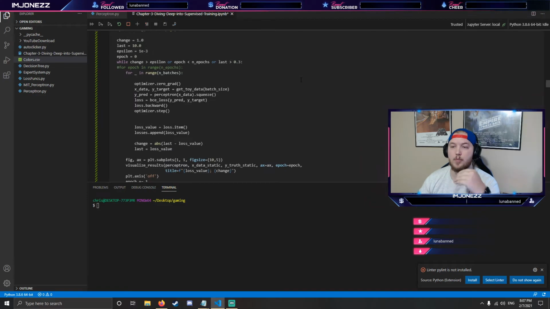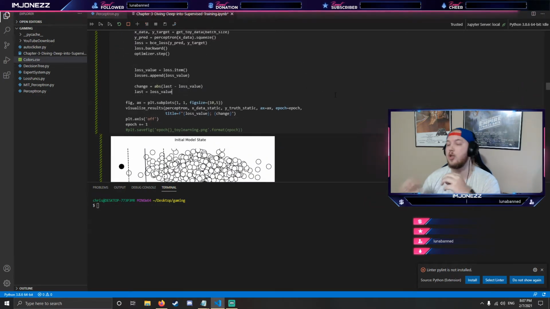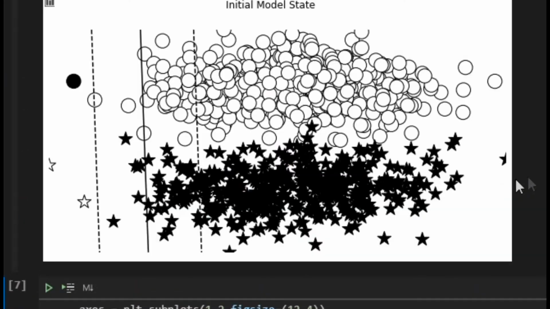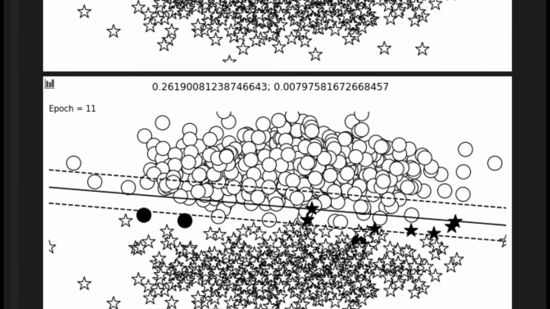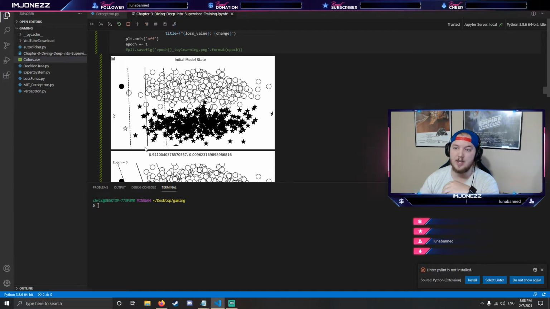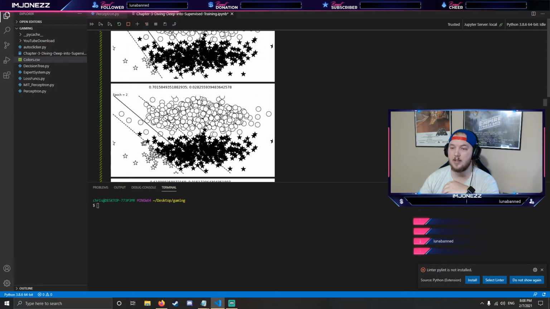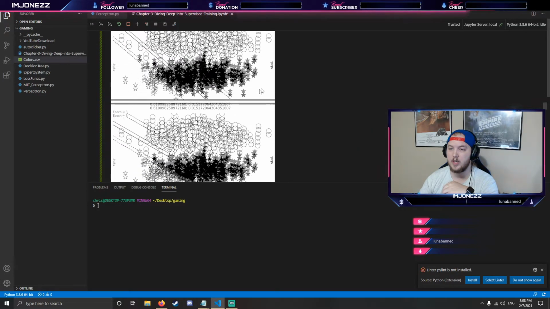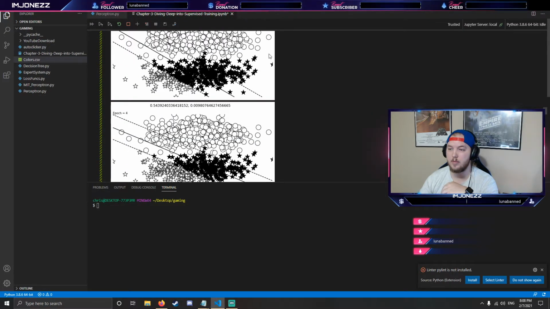Let's watch our Perceptron that we just made train and then create new lines. That was awesome. So it starts with this line that's terrible, and it gets a little bit better. Some stars are turning white here. That means we're getting them right.